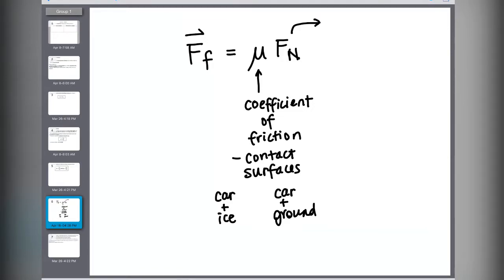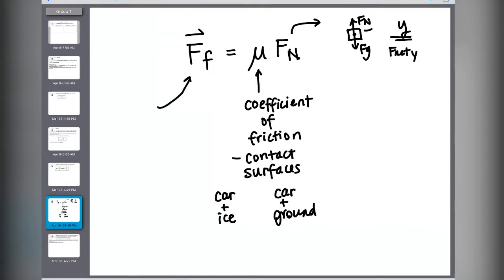Okay, Fn is directly related to the y-axis. So that means in order for you to calculate Fn, you actually need to analyze the net force along the y. That's indirectly helping you to find Fn.